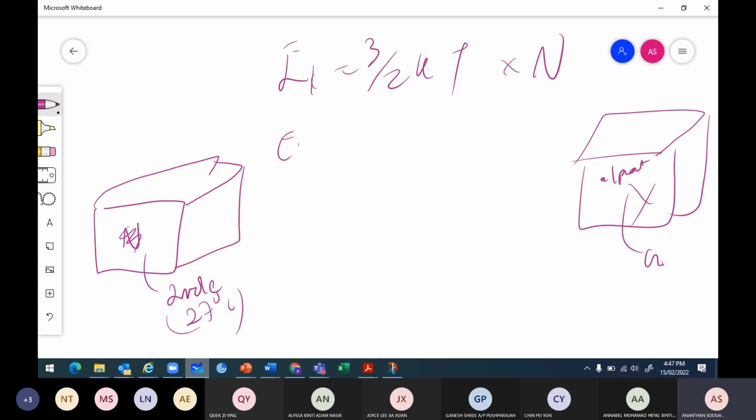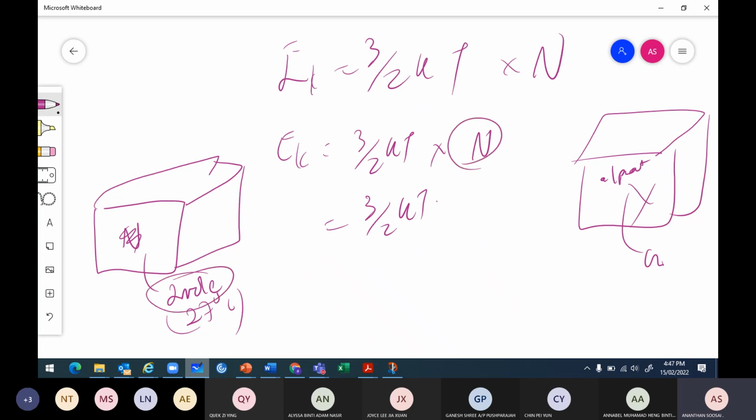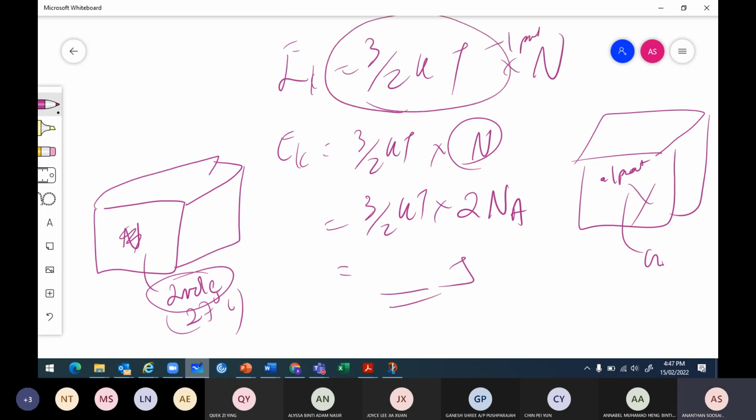Same: kinetic energy is 3 over 2 kT multiplied by the number of particles. If 2 mole, the number of particles is 2 times Na, correct? So you get the total kinetic energy in Joule. Remember, 3 over 2 kT is the kinetic energy of one particle, only for one particle.